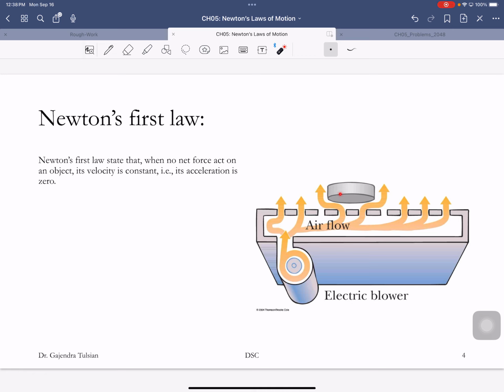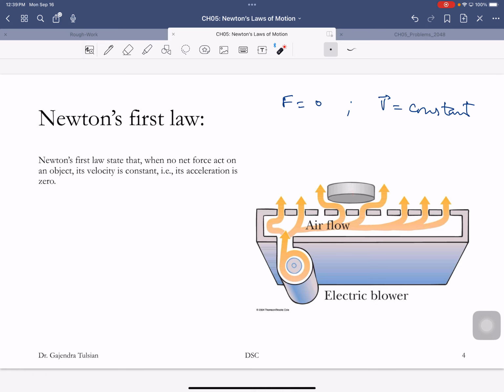The law states if there is zero force acting on the object, then velocity is constant. So if it is moving, it'll maintain its constant velocity, and if the object is at rest, it'll remain at rest. That's when the net force acting on the object is zero. The closest thing you see in real life is air hockey.